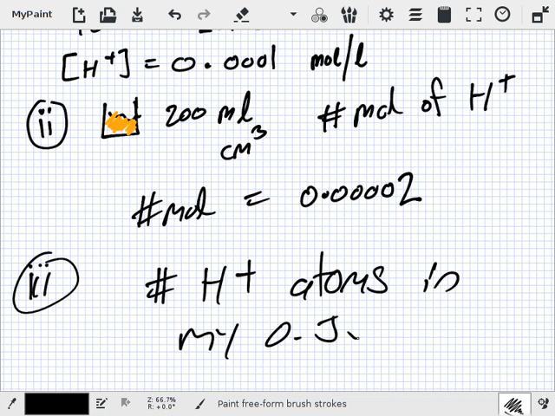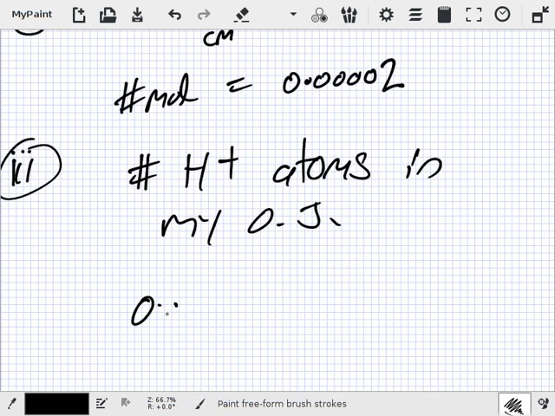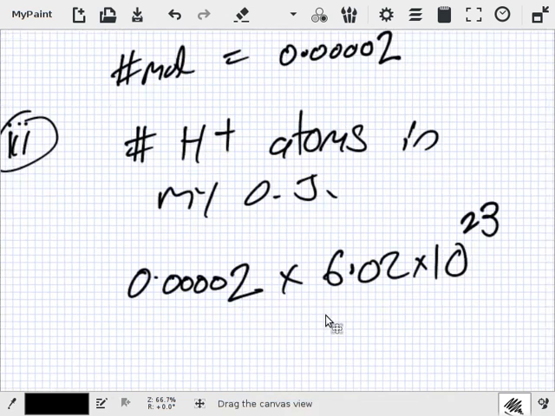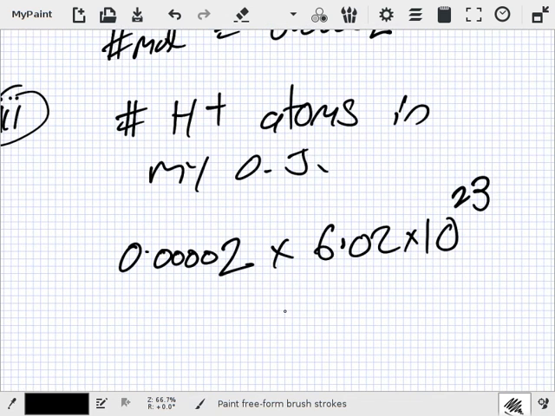Given that it's all the same info, 200 millilitres of juice, a standard glass size of orange juice. Times Avogadro's number, yeah, so it's 0.12342 times 6.02 times 10 to the 23. So what do you get there?